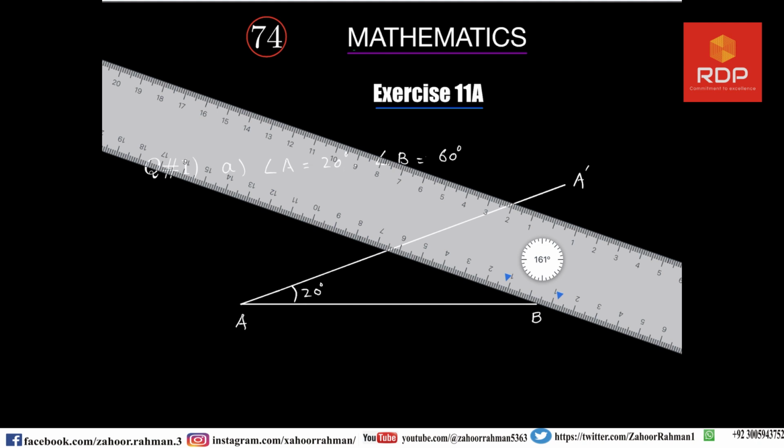So here, because I am drawing the 60 degree angle from point B, I have to adjust my scale according to the given angle.